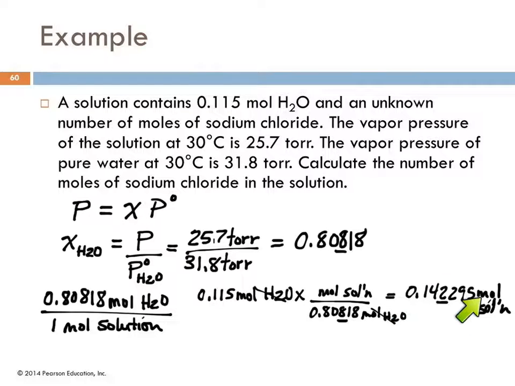So if this is the whole thing, and this is the part, how much is the other part? Subtract, right? So this is the moles of solution. And if we subtract the moles of water, then we'll get the moles of sodium chloride.